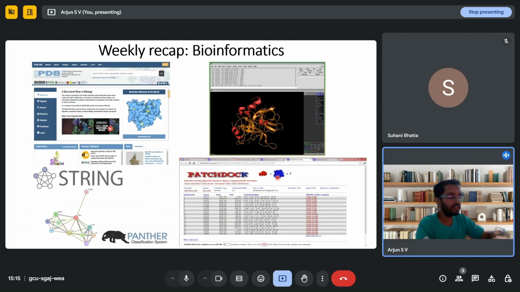Following that, we had another recap of bioinformatics, following from our bioinformatics 1 recap. In last week's recap, in week 7 bioinformatics, we saw how to use the NCBI database and how, after entering an NCBI ID, you can get information about your gene or protein of interest.